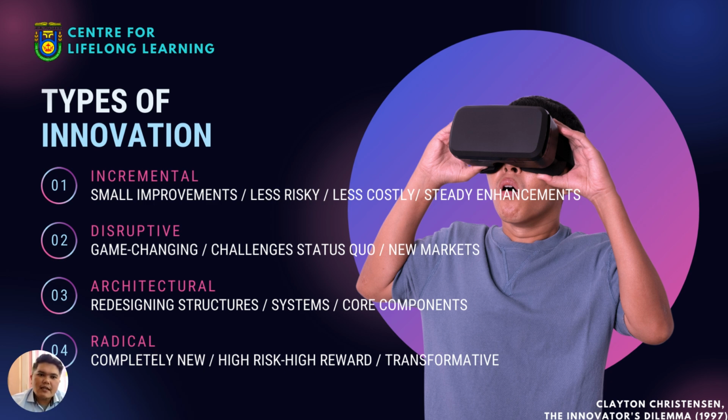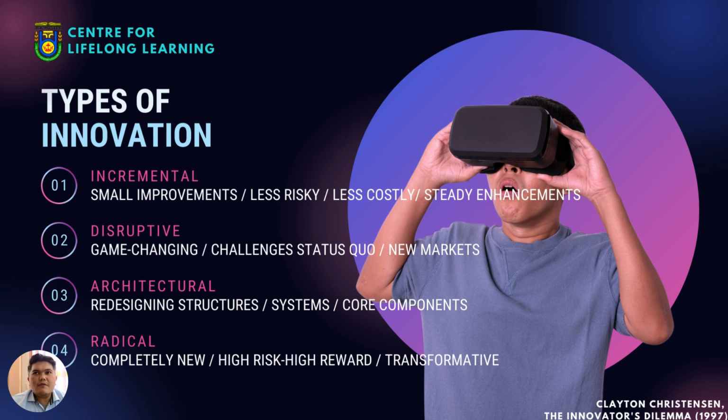And finally, radical innovation. Radical innovation is completely new, high risk and high reward, and very transformative. It means that you are making a total, drastic solution. When I gave the example of Grab or Uber, that can be considered disruptive innovation.